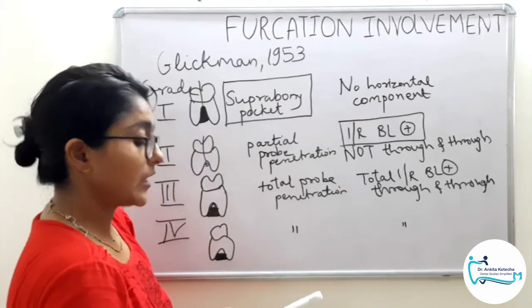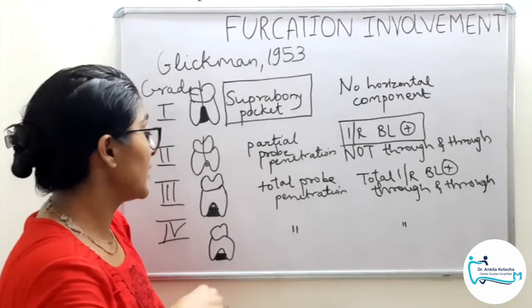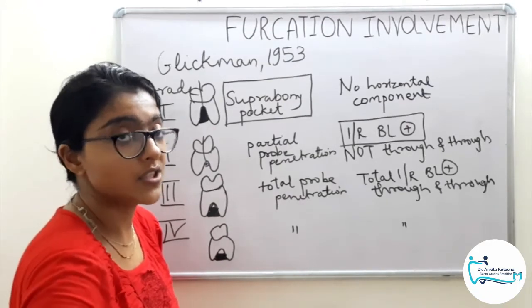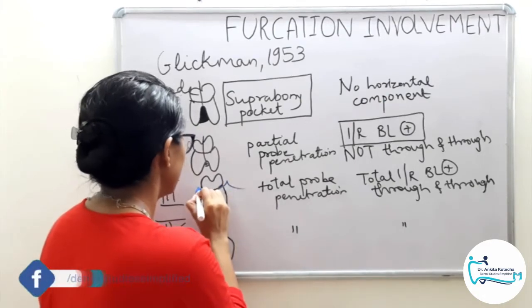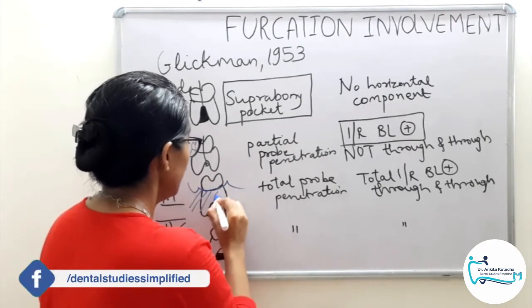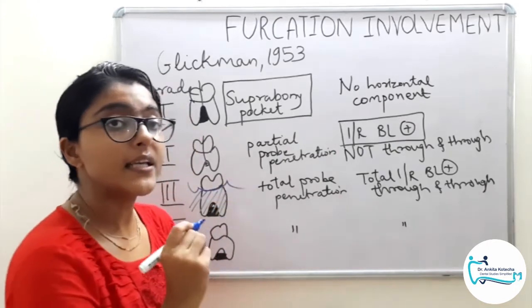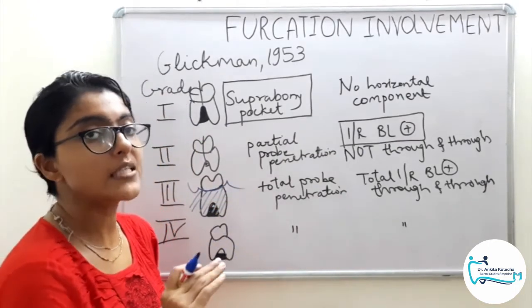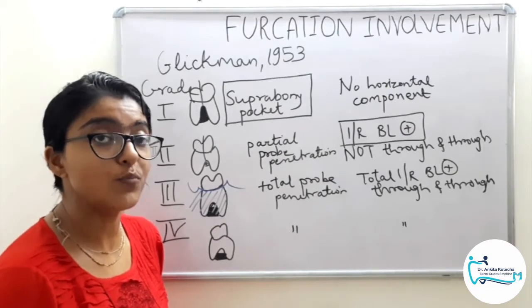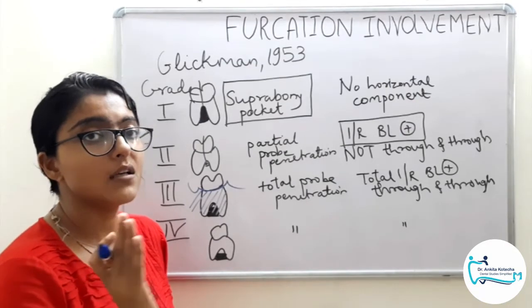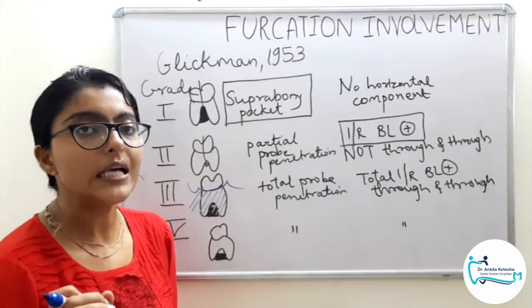In case of grade 3, the furcation involvement is covered by gingiva, that is our gingiva is present here. It is covered with the gingiva and hence the furcation involvement is not visible clinically. Although there is total through and through penetration of the probe, the furcation is not visible clinically.